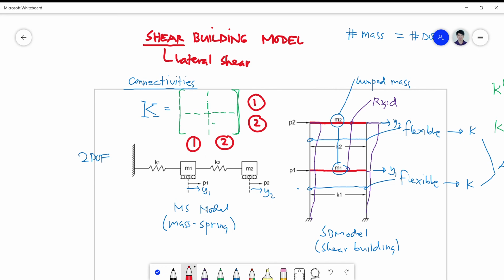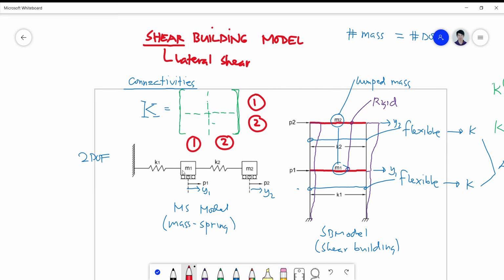You will simply put all connections of the spring as identified on the model itself.